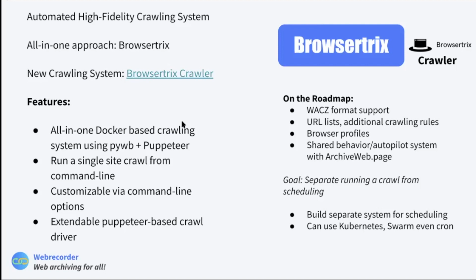Currently it supports a variety of command line options, and it's basically using Puppeteer. The idea is to make it extendable via a Puppeteer script, which is a browser automation system that was created by Google, and it's an open source project, and it actually works pretty well for crawling automation.